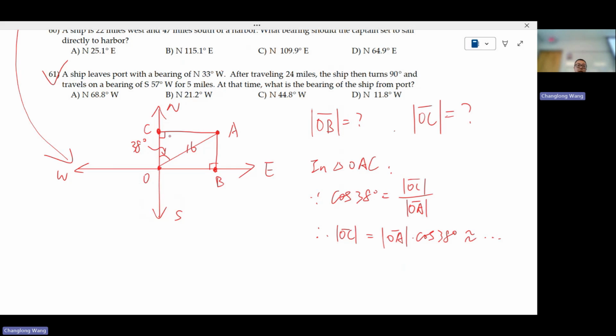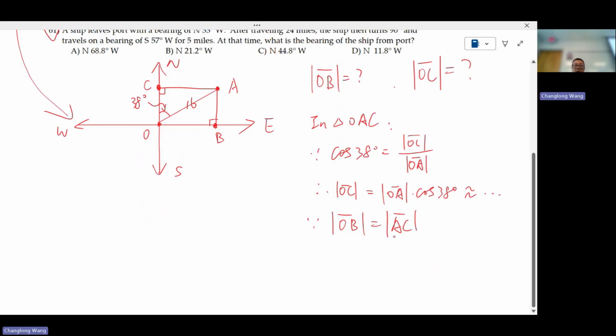OB, but you do realize that OBAC is a rectangle, right? That means if you're trying to find OB, it's nothing but AC.